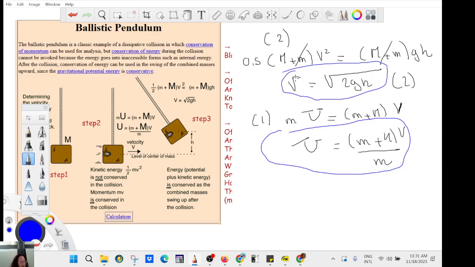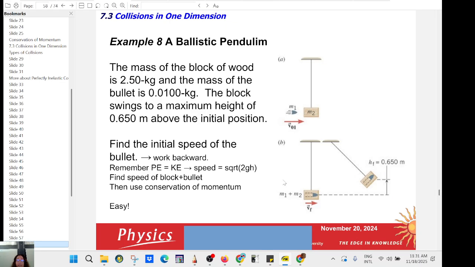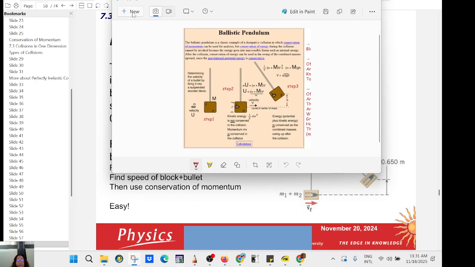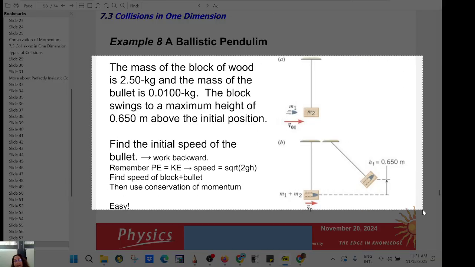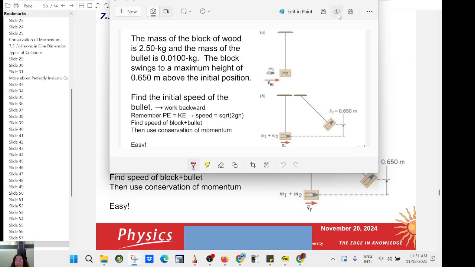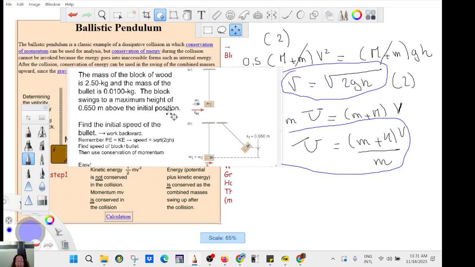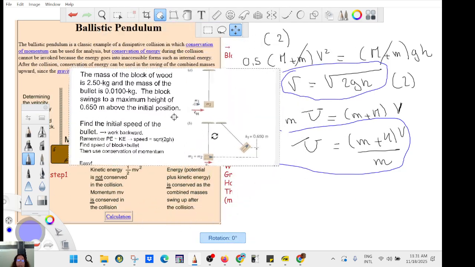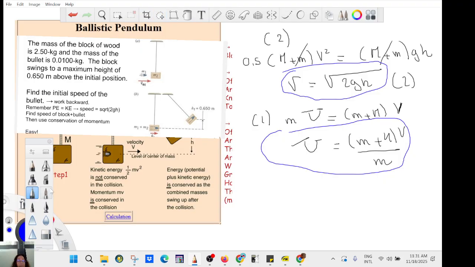So let's take an easy example. Let's take this one. You use this equation first.